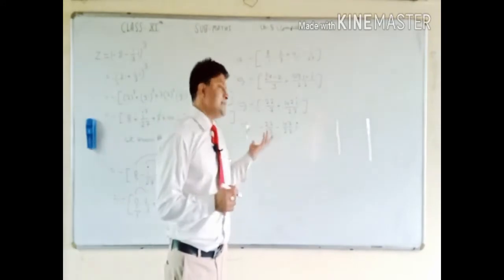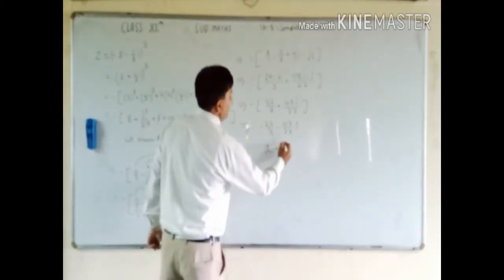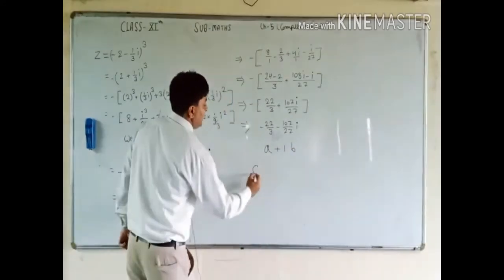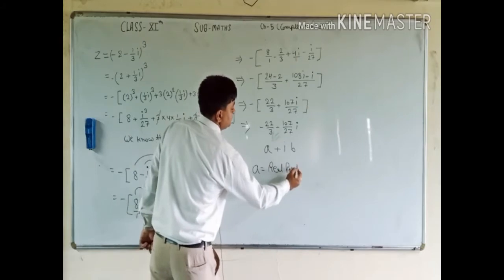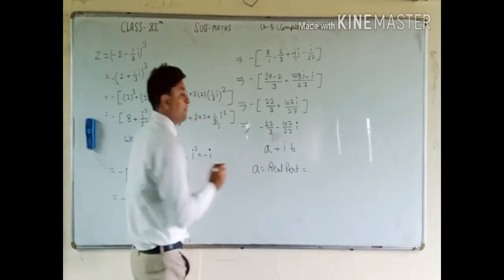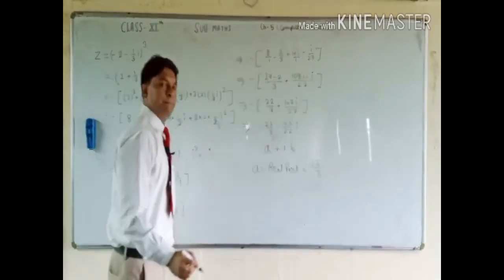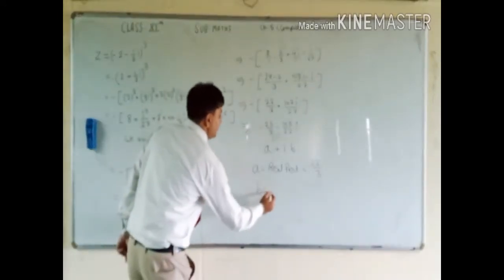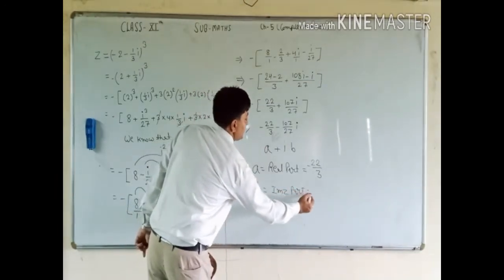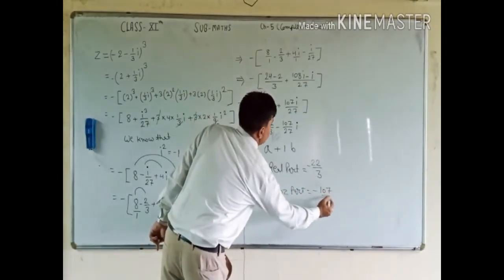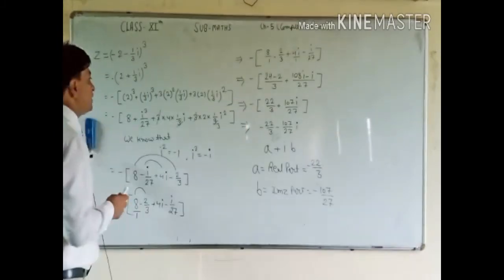So it is in the form of a plus iota b, where a is real part is minus 22 upon 3 and b is imaginary part, and imaginary part is equal to minus 107 upon 27.